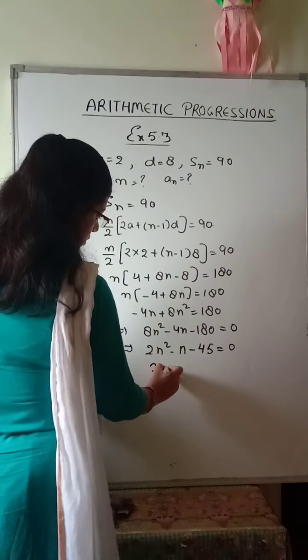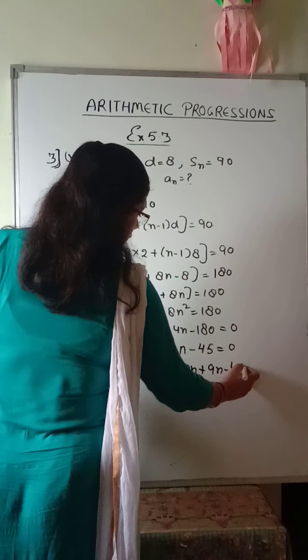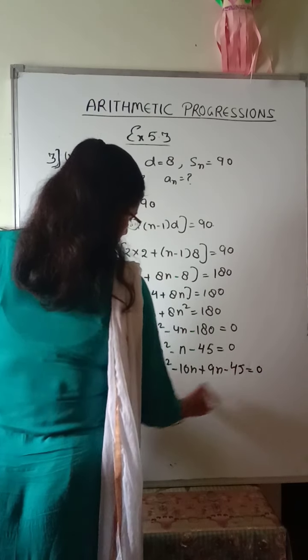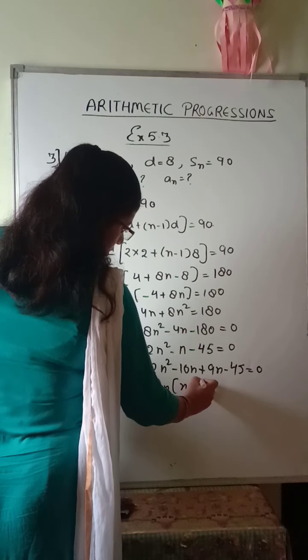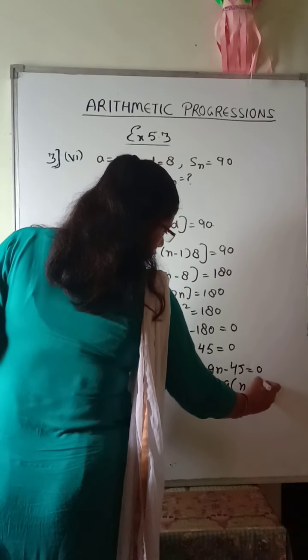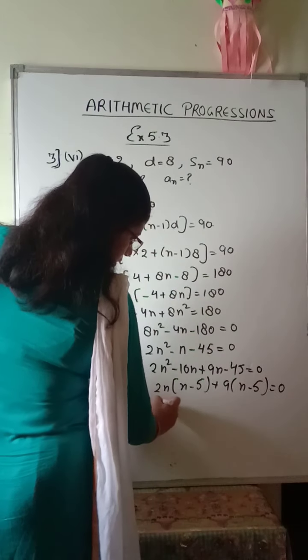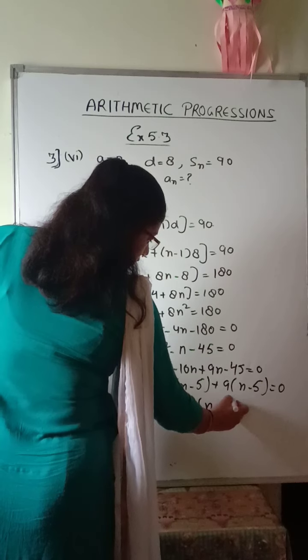So 2n square minus 10n plus 9n minus 45 equals to 0. So 2n common, so what is n minus 5 plus 9 common, n minus 9 5s are 45 equals to 0.